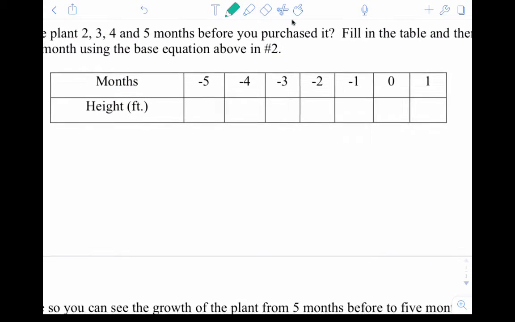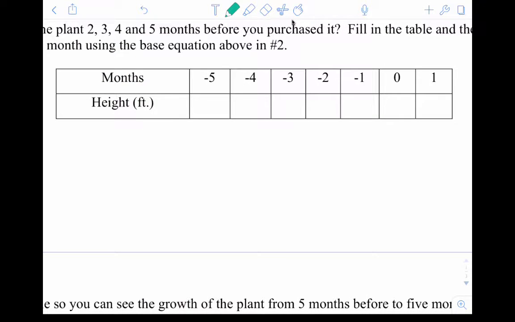We're actually going to work backwards on this because I don't know just off the top of my head what it would have been 5 months before, but I do know that the month after I bought the plant, it was 2 feet tall. And I know that the month that I bought it, it was 1 foot tall. And I just found out that the month before I bought it, it was 1/2 of a foot tall.